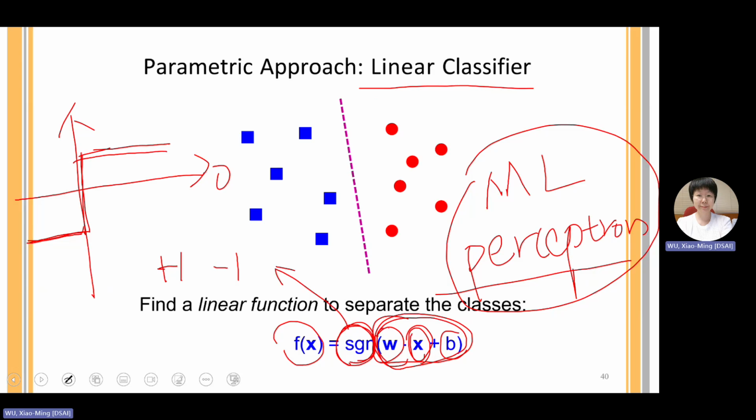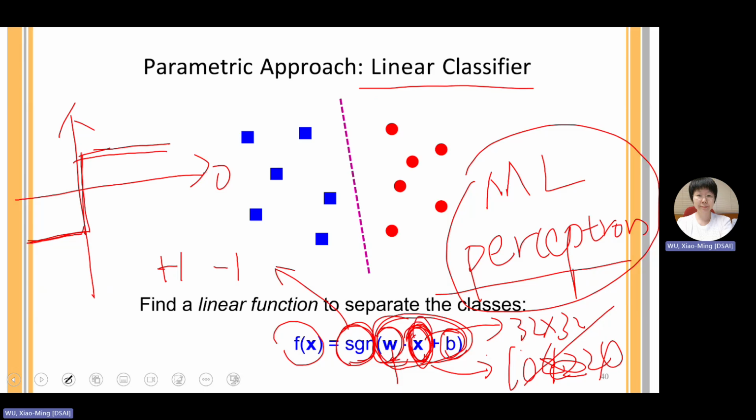You can think of the one-dimensional case: W corresponds to the slope of the classifier, and B corresponds to the intercept of the classifier. But in high dimensions, you can think of X as an image. In the CIFAR-10 case, X is a 32 by 32 image, and if you flatten the image into a vector, then X is a 1024 dimensional vector.